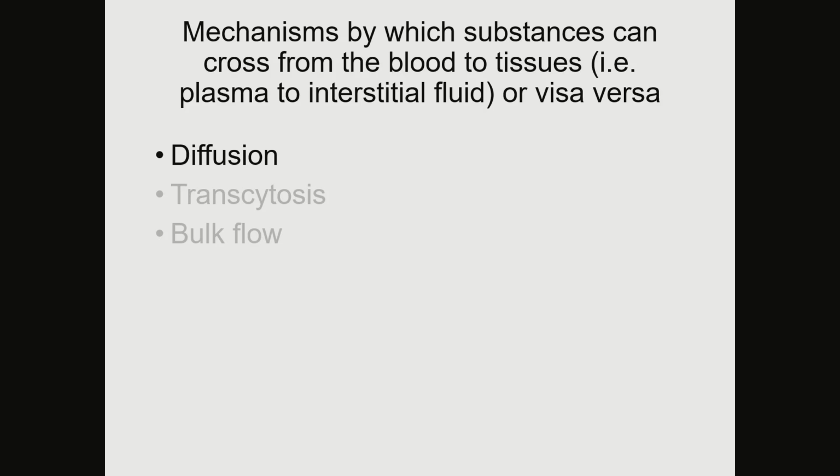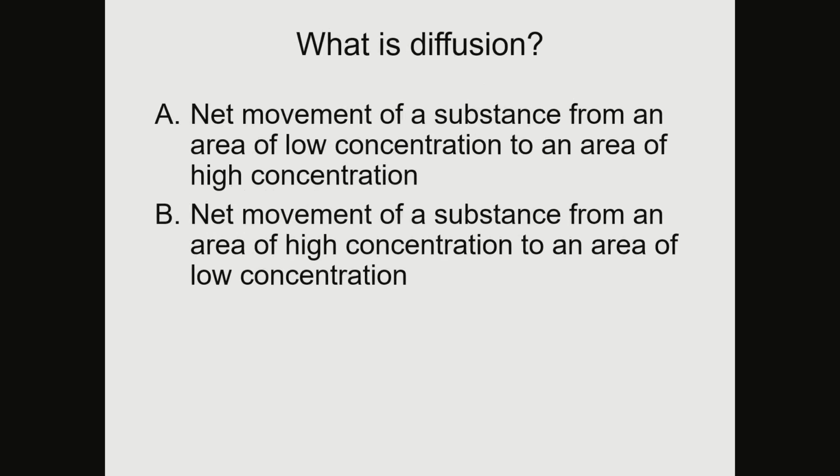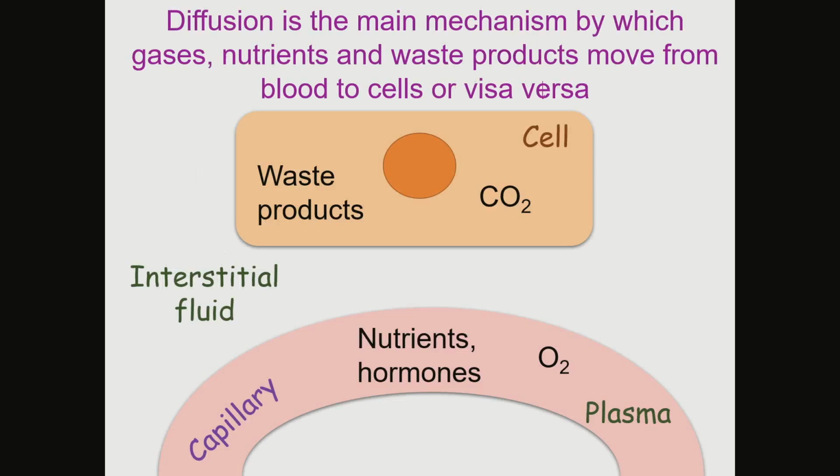One is diffusion. Okay. And what is diffusion? With diffusion, does it go from an area of low to high concentration or high to low? High to low, right? That's diffusion.